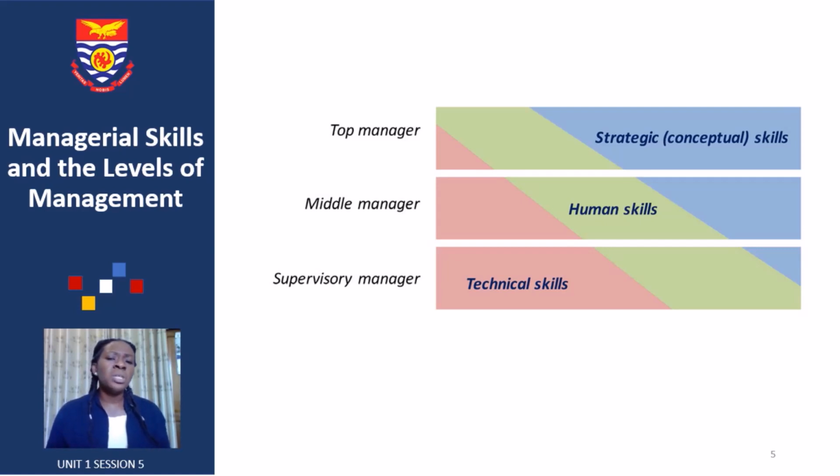And they need a bit of the human skills because they are going to be working with people. Don't forget that they are working with people within the organization and outside the organization as well. And so for these people, human skills also matter.